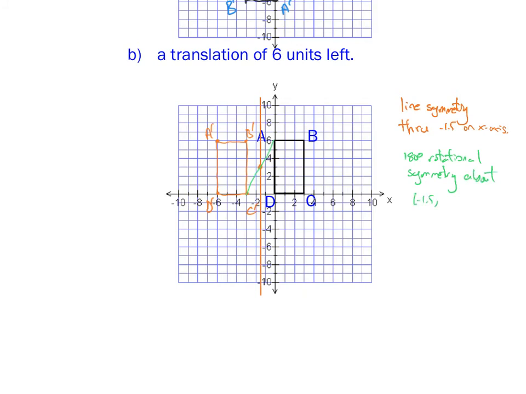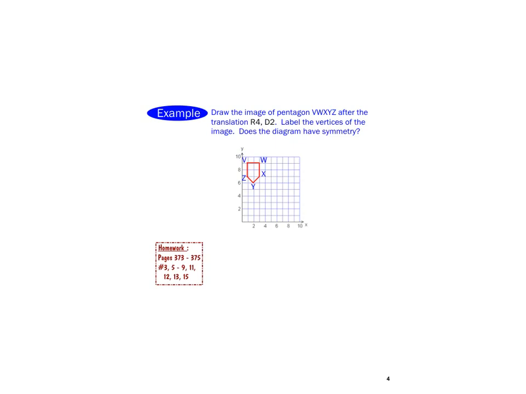Negative 1.5 and 3. So this scenario has both types of symmetry. There's line symmetry, through the line that crosses through negative 1.5 on the x-axis. And there is rotational symmetry too, 180 degree rotational symmetry. Okay. And we'll move on to more examples. In fact, there's just one more.